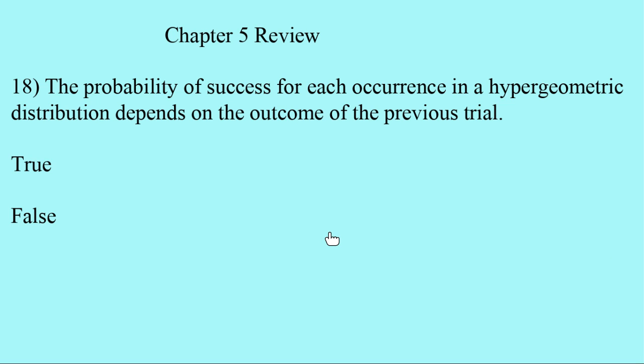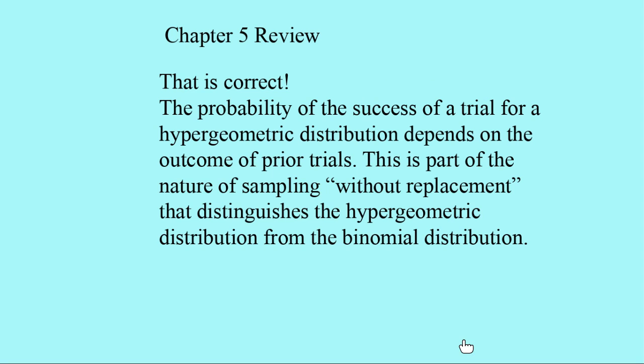Tony? It's the nature without replacement. Right, exactly. So it's true. The probability of the success of a trial for a hypergeometric distribution depends on the outcome of prior trials. This is part of the nature of sampling without replacement that distinguishes the hypergeometric distribution from the binomial. That is basically the main difference: one is with replacement, one is without replacement. Very good.